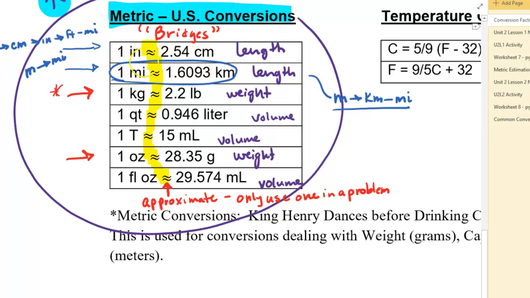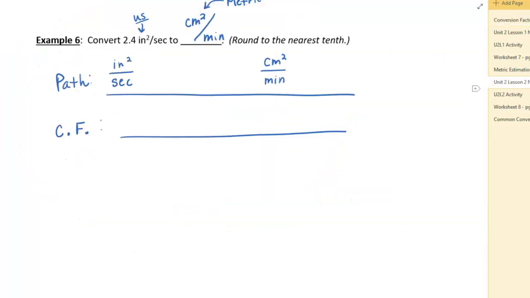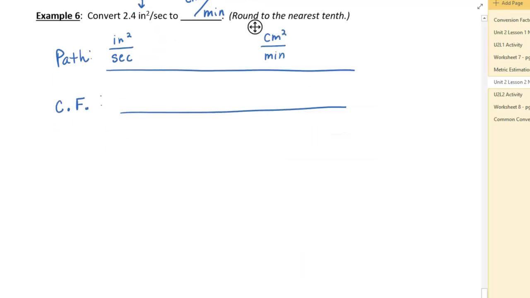So we're going to have to square this conversion factor, which will build a new one, which will allow us to use it in our path. So let's go back to our notes. We can go right from inches squared to centimeters squared if we build a new conversion factor by squaring the one we have.